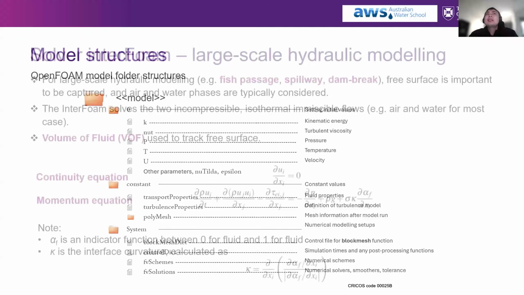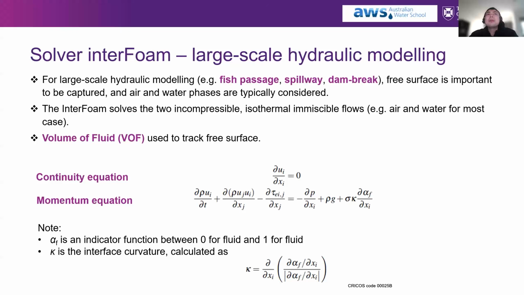Basically, for today's topic, OpenFOAM is a big package. So solving large-scale hydraulic modeling is one part of OpenFOAM's function. It's called interFoam. interFoam basically solves the two incompressible Navier-Stokes equations. Two means one for the air phase, one for the water phase.